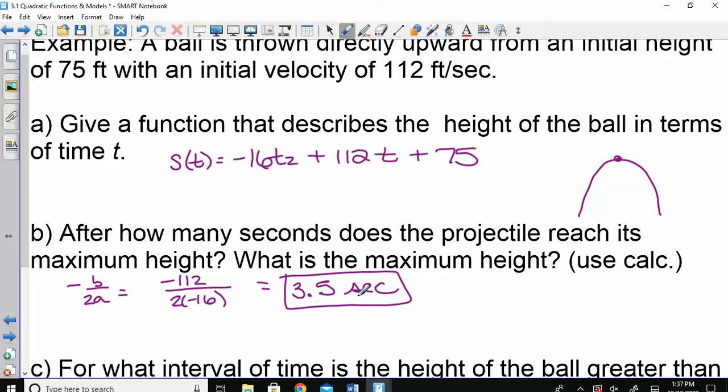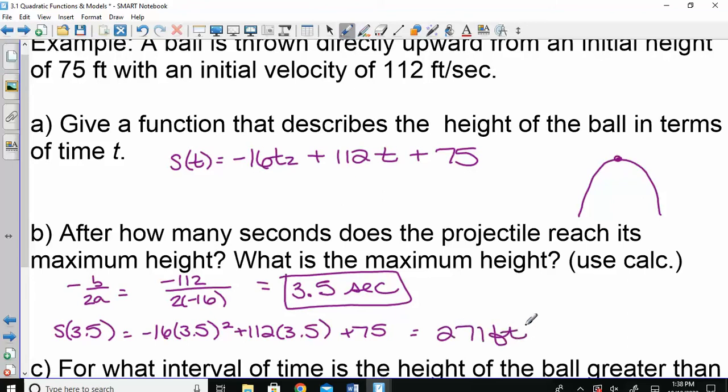The y, or in this case, s is what I use, but we just have to plug this back in. So we get an actual height of 271 feet. So your actual maximum or minimum, that's the y value. Where it happens is your x.